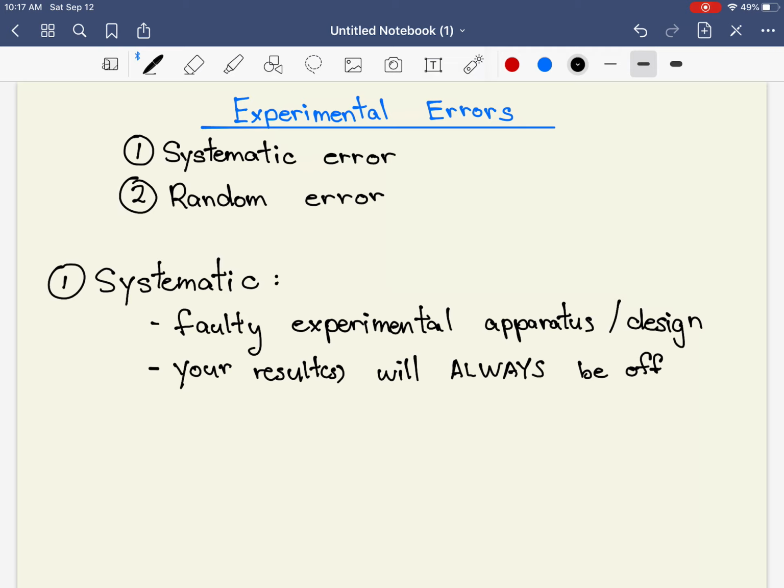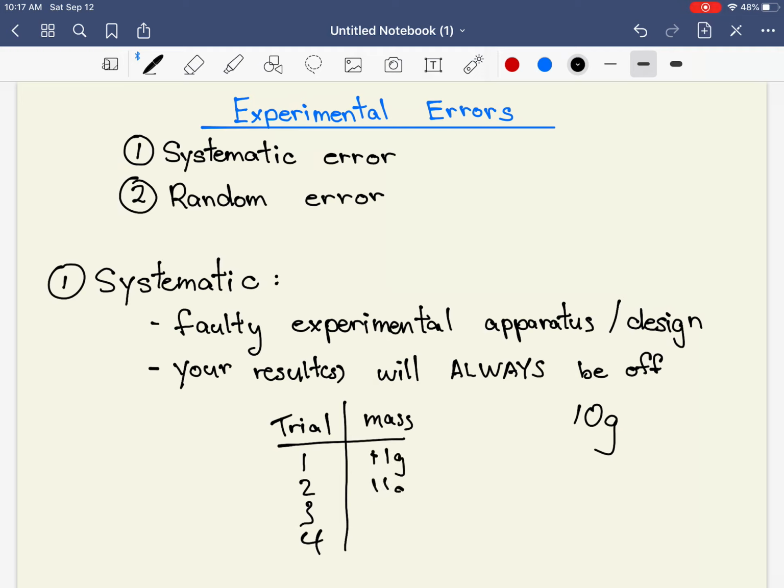So I guess we can do a little cheap example. You're doing trials of measuring something, and here's mass over here. The thing was supposed to weigh 10 grams, but for each trial, let's say you do 4 trials, you're not going to get 10 grams. You're going to get like 11. You keep trying, and you keep trying, but you never hit the right mass.